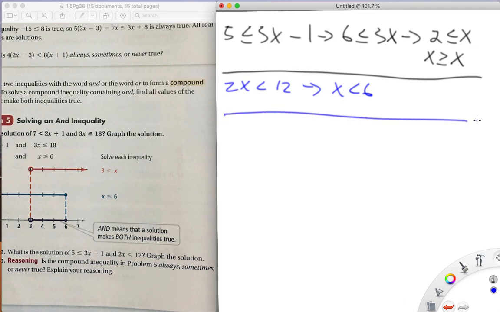If we were to graph that on a number line, we have 2 and we have 6, so let's do 1, 2, 3, 4, 5, 6, 7, 8, 9. First part we have is, oops, that's not right.